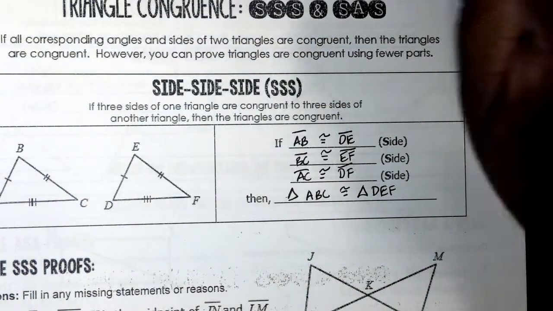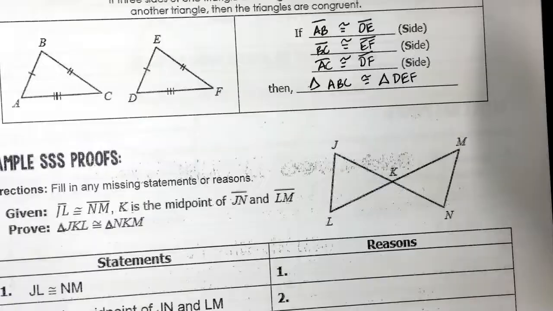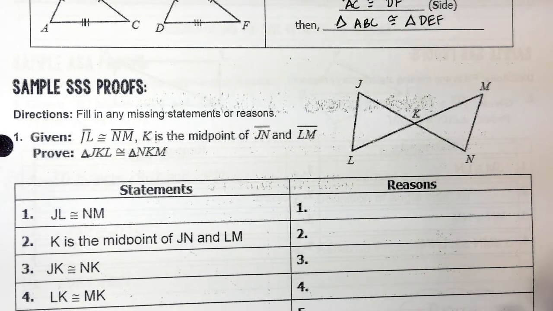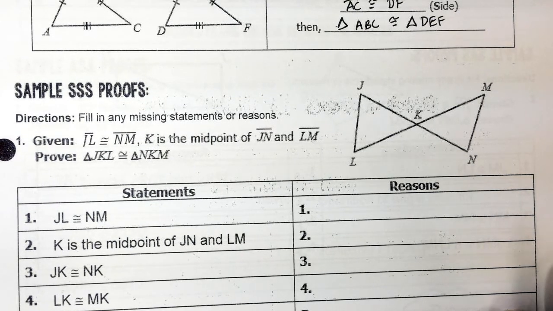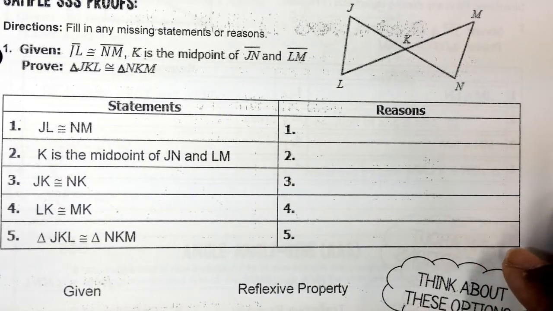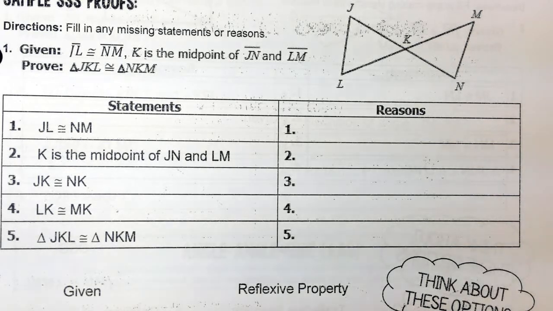Alright, so this first proof is a sample SSS proof, a side proof. It says fill in any missing statements or reasons. The key thing on the proof is what they start you out with, which is called given information. They always give you something. They'll either give it to you in writing, or they'll actually mark it on the figure.